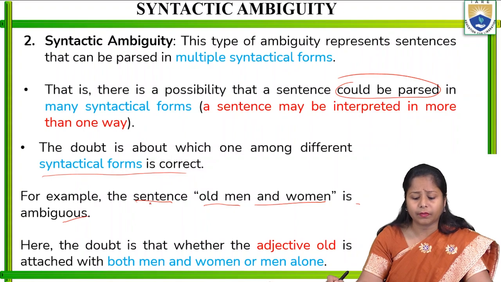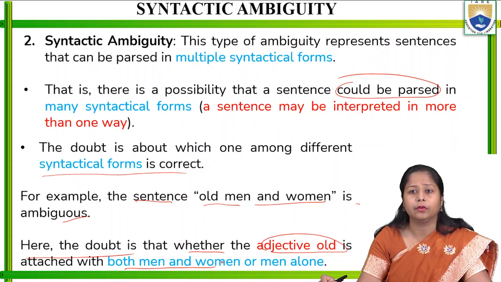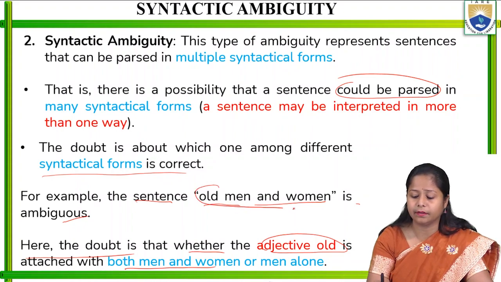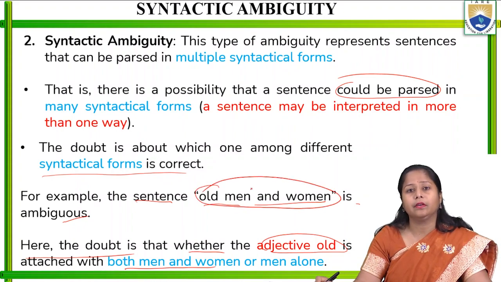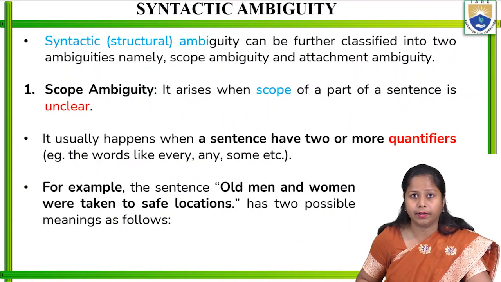Here the doubt is whether the adjective old is attached to both man and woman or to man alone. So with these words, 'old man and woman', is this an old man? Is this both? Is this only man alone? This type of ambiguity is called syntactical ambiguity.